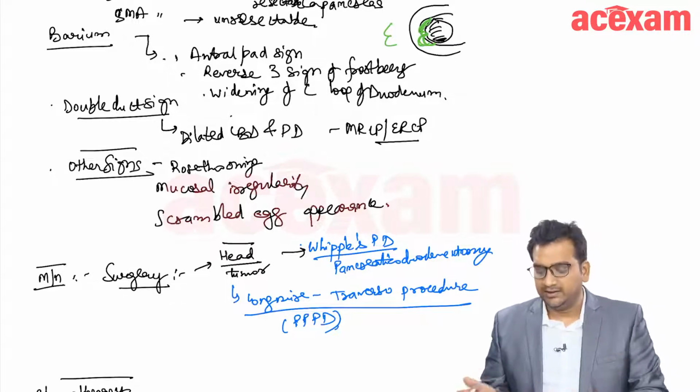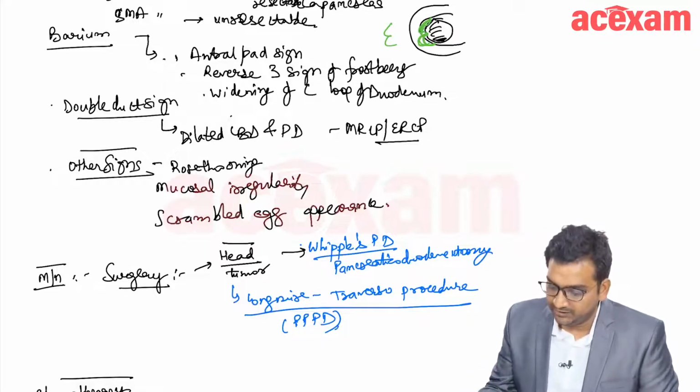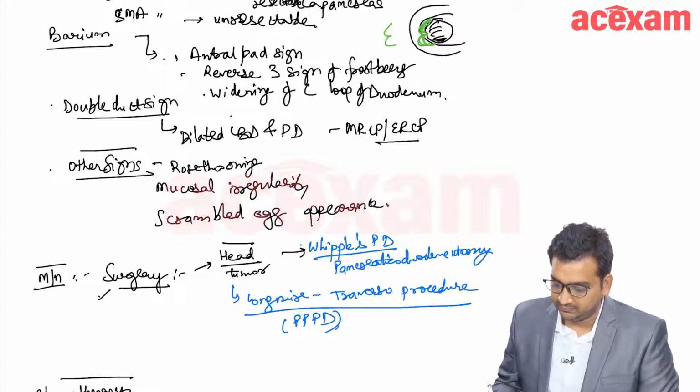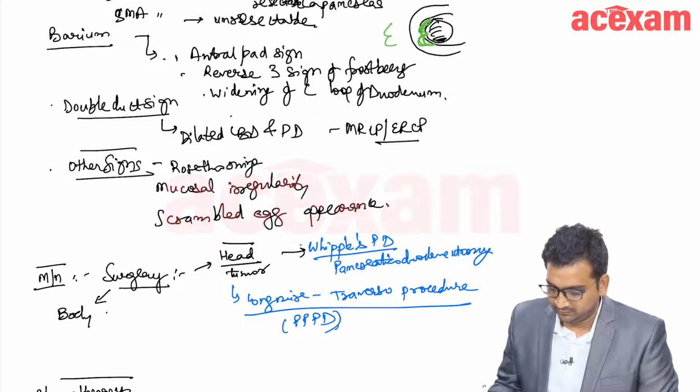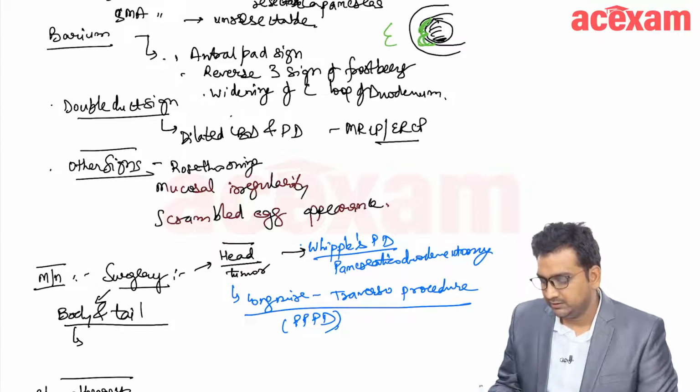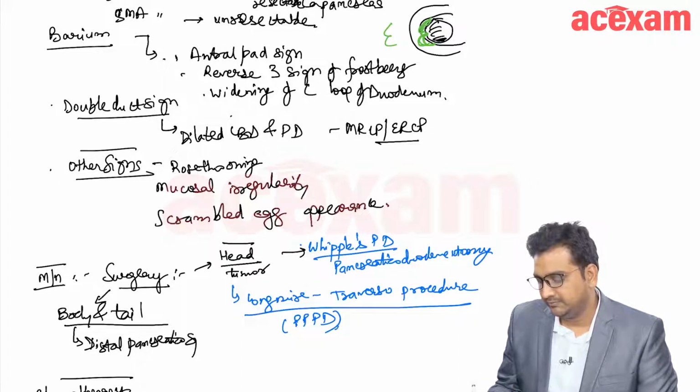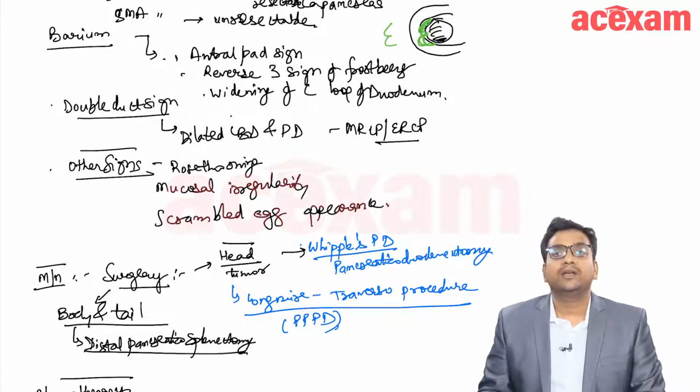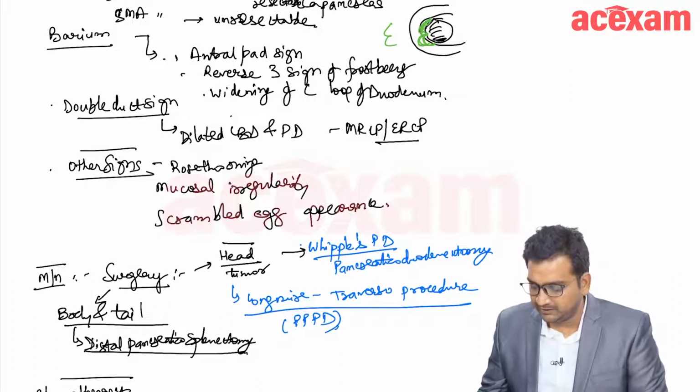Okay, and in case if the tumor is involving the body and tail of the pancreas, then the treatment of choice is distal pancreaticosplenectomy. Okay, radical distal pancreaticosplenectomy.